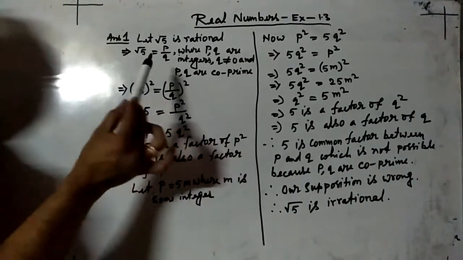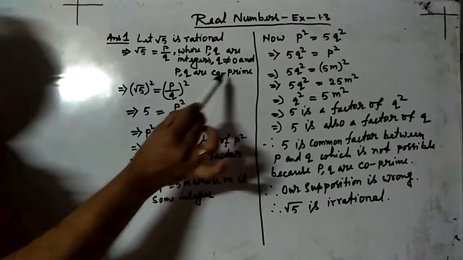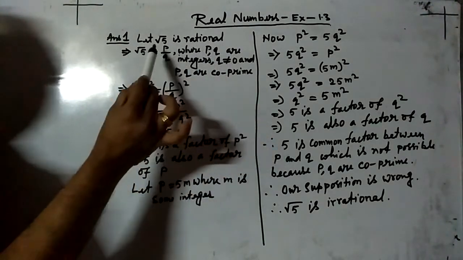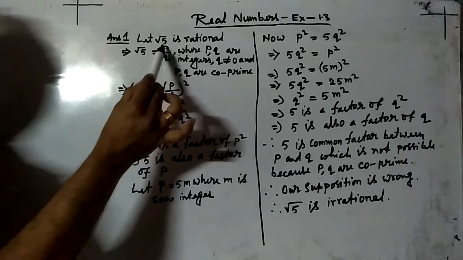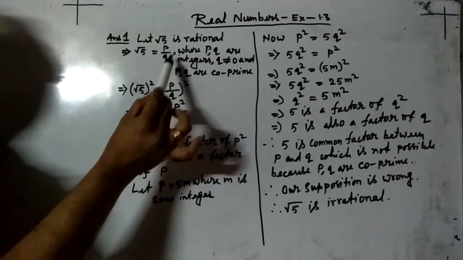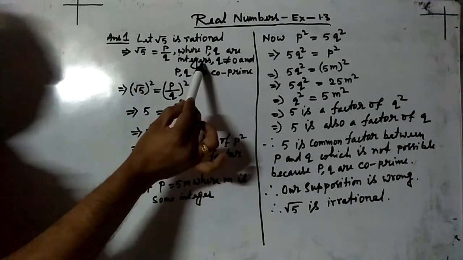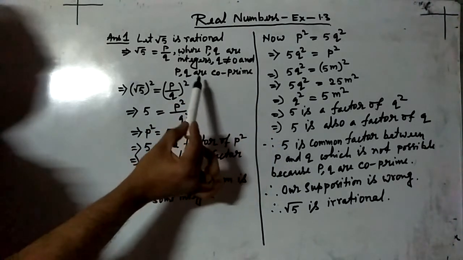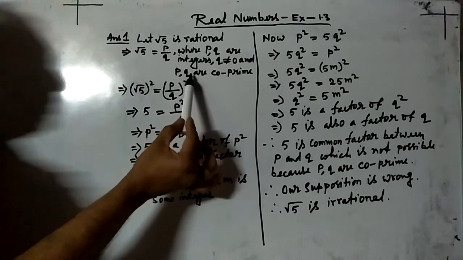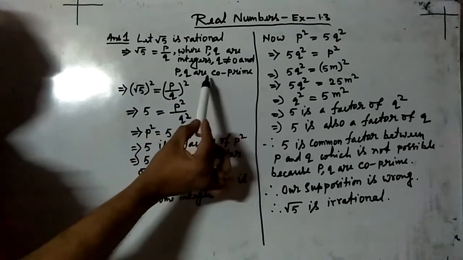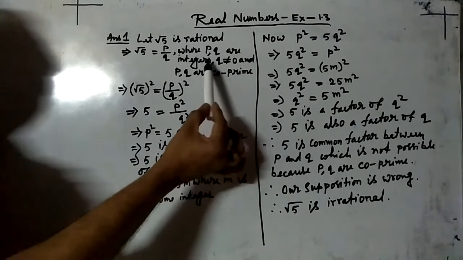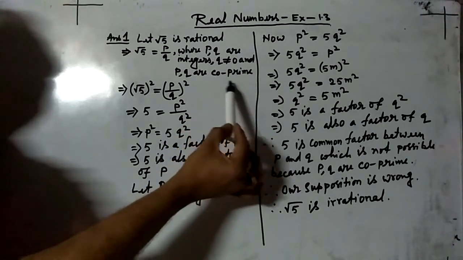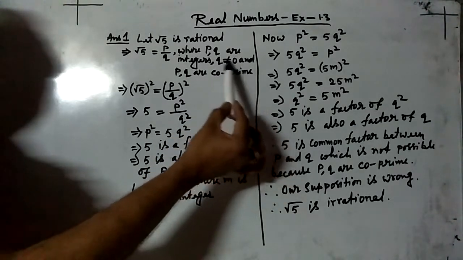Why? See the definition of rational numbers. A rational number can be expressed as p by q, where p and q are integers, right? q not equal to 0 and p and q are co-prime. Co-prime means there is no common factor between p and q. Understood? Co-prime. This word, if you don't know, once again try to understand the meaning of this word.